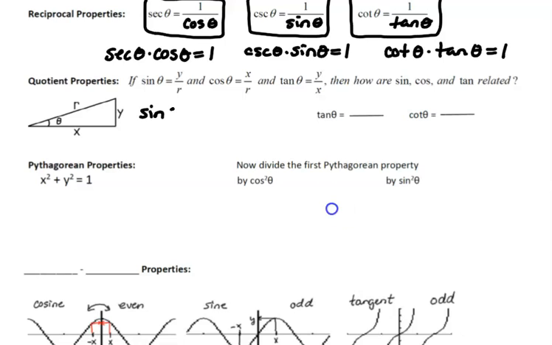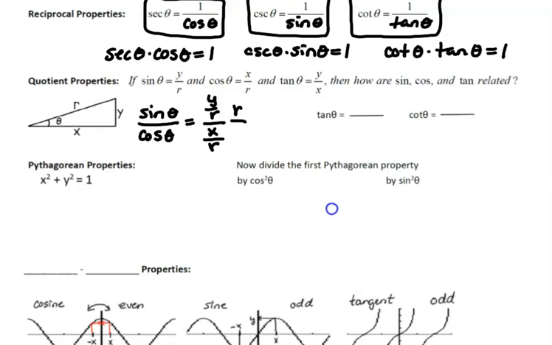So what would happen if I took sine of theta and divided it by cosine of theta? Well, that would be the same as saying y over r divided by x over r. So if you have y divided by r over x divided by r, that simplifies to y over x. And if you're not convinced of that, think about multiplying the numerator and the denominator by the same thing.